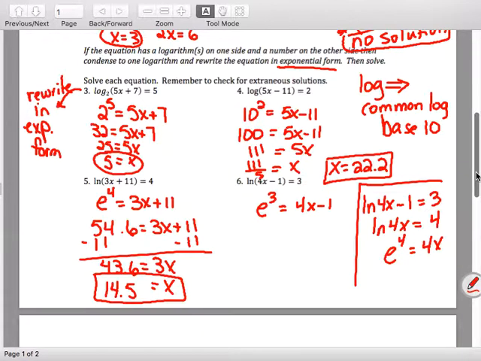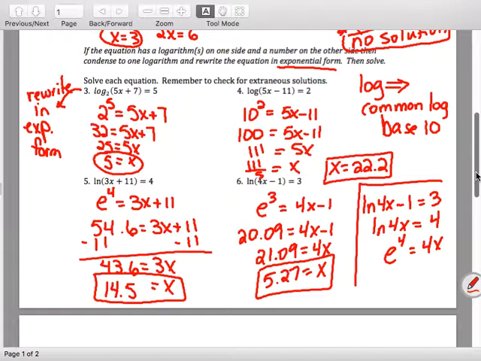Do you see that? It's not that I'm being careless. If there's parentheses, it means everything's inside the log. If there's no parentheses, then that plus or minus isn't connected to the log. I got about 20.09. I added 1 and divided by 4. If I don't ask in specific to round to 2 or 3 decimals, you can round any way you want, 1, 2, or 3 places, okay?